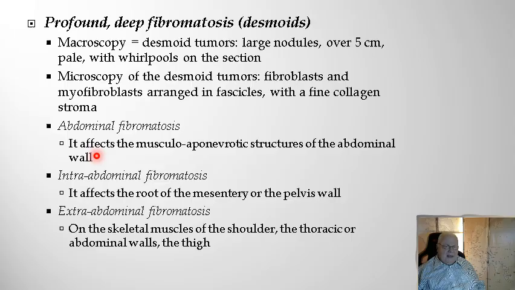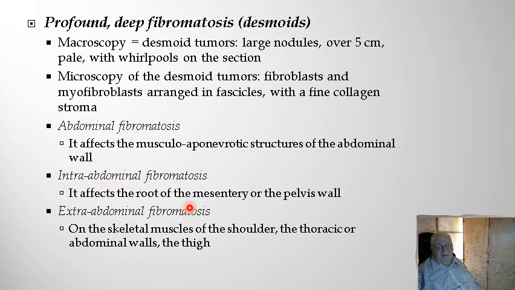Another location is the intra-abdominal fibromatosis, when we have this fibromatosis in the roots of the mesentery. And another group is the extra-abdominal fibromatosis, appearing mostly on the surface of the thoracic wall, but possible in any other location.